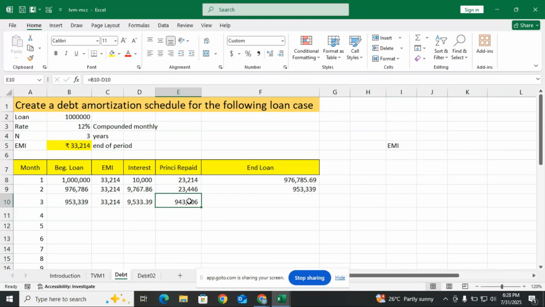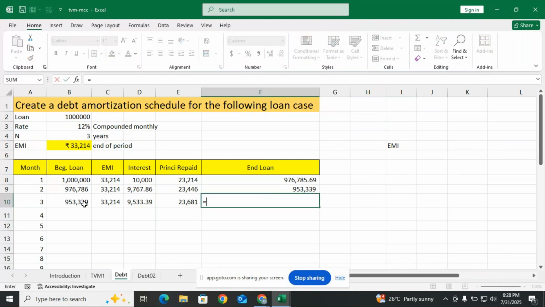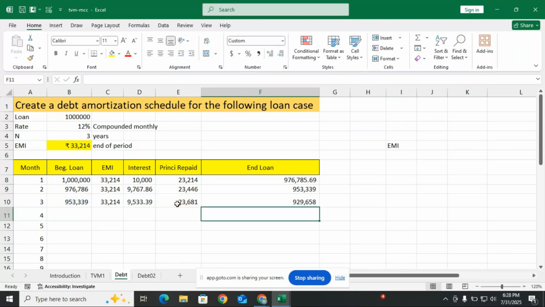Sorry, once again, equals to EMI minus your interest amount, 23,681. Again, same thing, equals to beginning minus your principal repaid. So it will be 9,29,658.